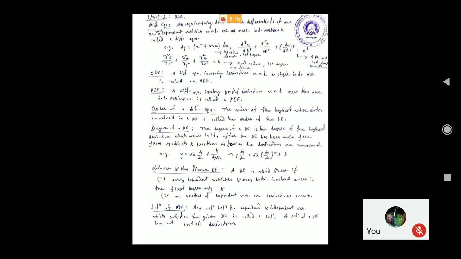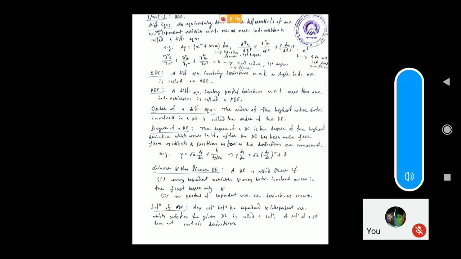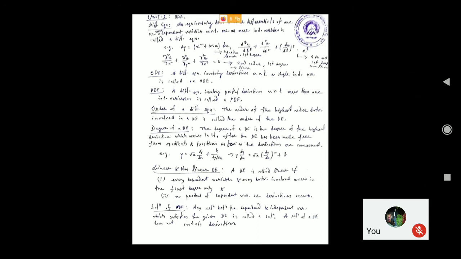For example, suppose in a question the velocity of a particle is 60 meters per second. Mathematically, how will you represent that equation? Velocity of a particle is 60 meters per second. How will you write it mathematically?